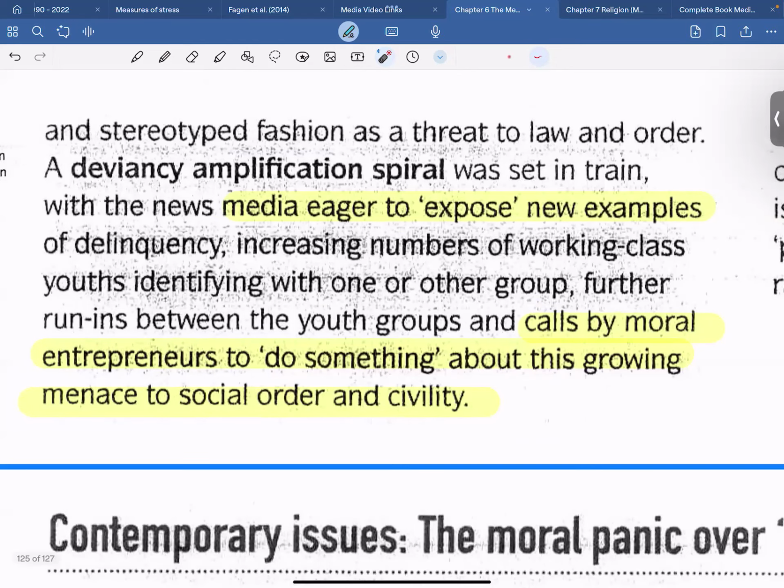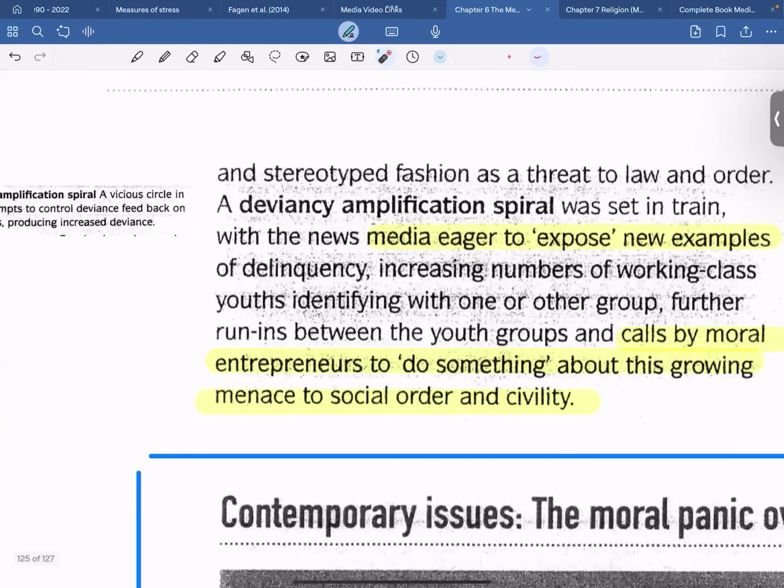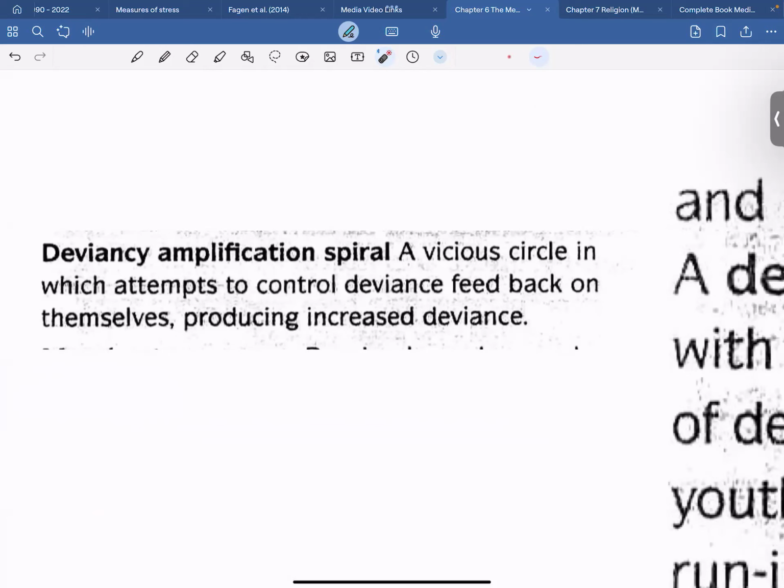Like I said, we had used the word deviancy amplification spiral. What is this? This is a vicious circle in which attempts to control deviance feed back on themselves and produce increased deviance. Now, the entire process that I explained to you is a spiral or a vicious circle in which the more you attempt to control deviance, the more you end up producing it or increasing it.